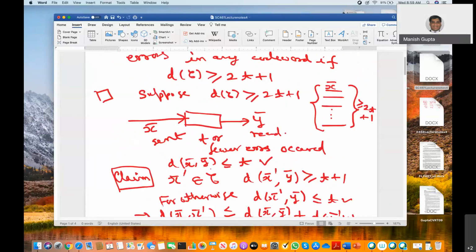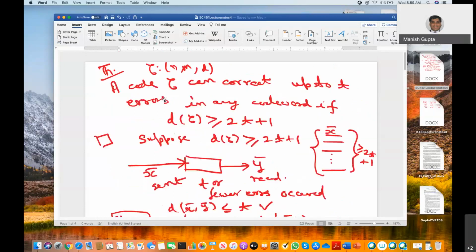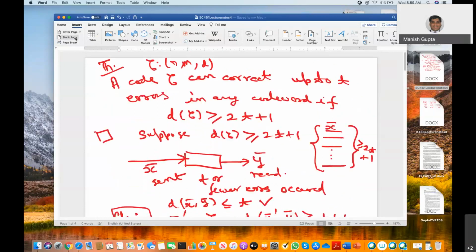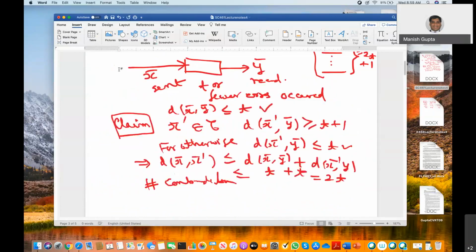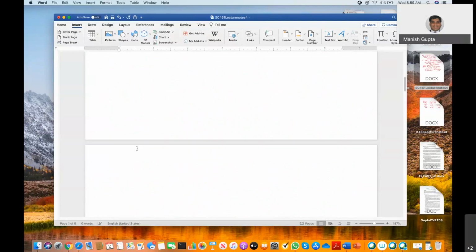Okay, I think these two results can be summarized in another way. Let me write that for you. So I can summarize the result in a compact form.